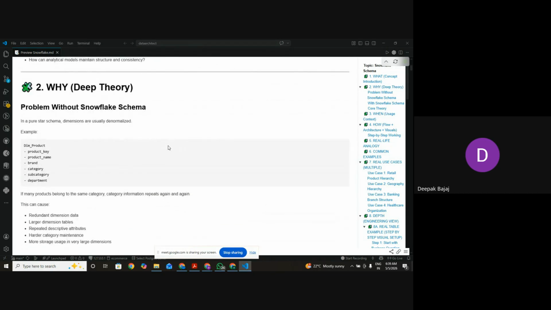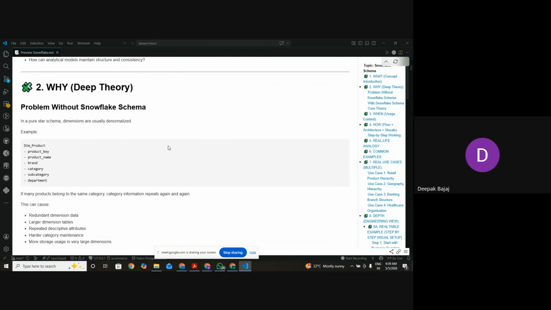Without the snowflake schema, everything is in one dimension table. But as we discussed earlier, every dimension has its own USP and use cases. If a user wants to see only the timeline and is interested in time zone, you cannot say, just check all the things and find the timeline on your own.